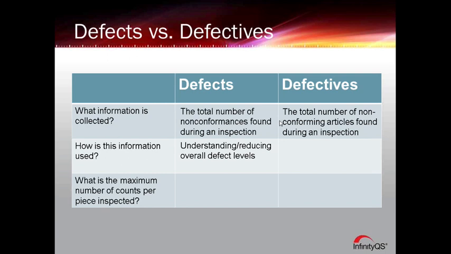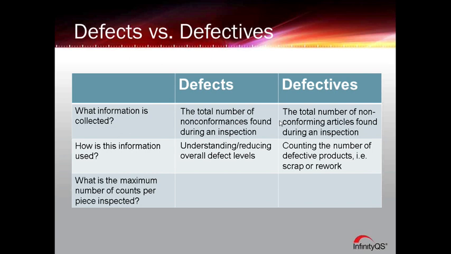And so that's really the goal of collecting defects data, to understand all of the things that you might be facing, versus defectives, where we basically want to count the number of defective or non-conforming products. So we're talking about scrap or rework. So defective describes the overall product, but the defect describes a specific non-conforming characteristic of that product.